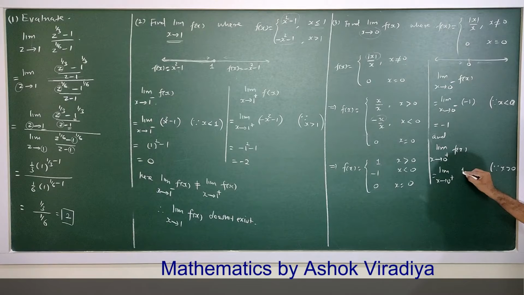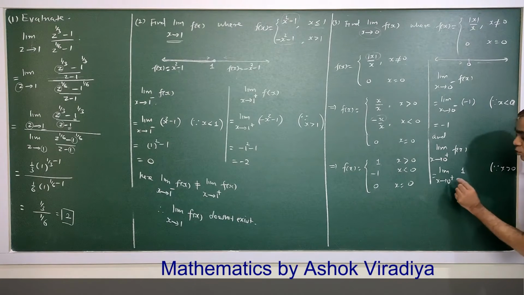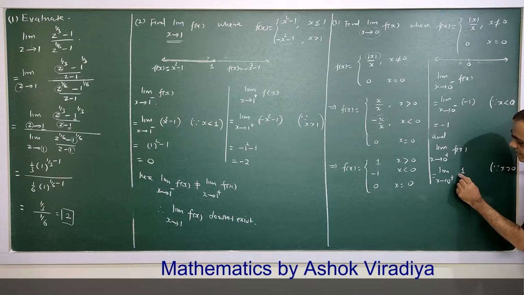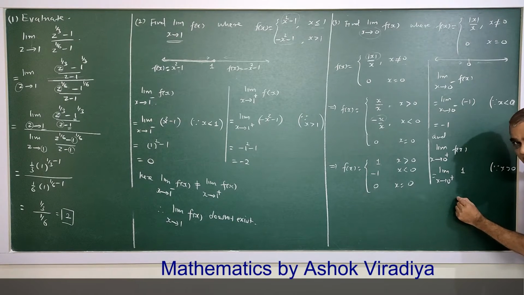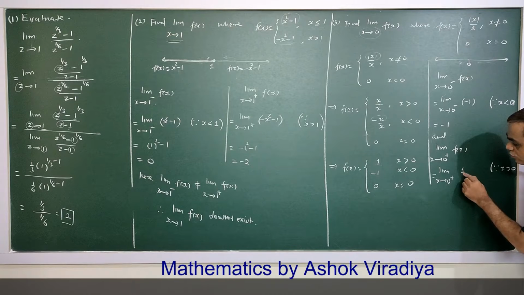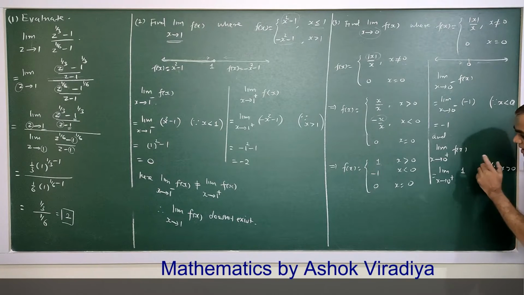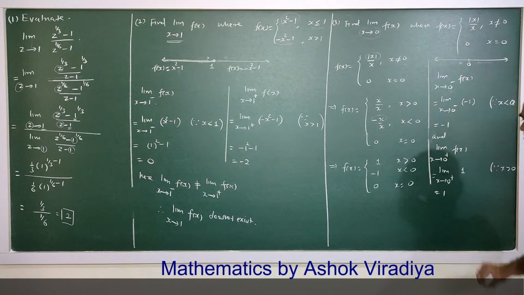So I keep 1 here. This is a constant function free from x, so limit of constant k is k. If this is constant, it doesn't depend on the number given here, keep it as it is. So, this is 1.